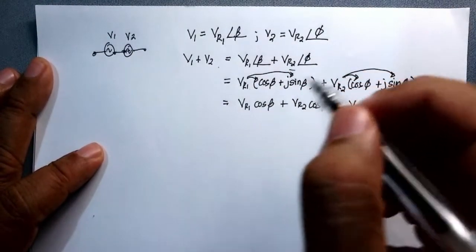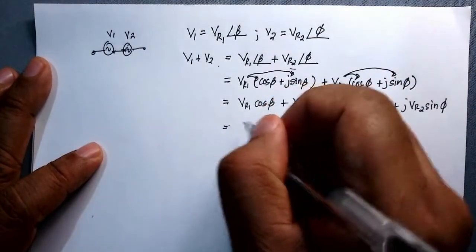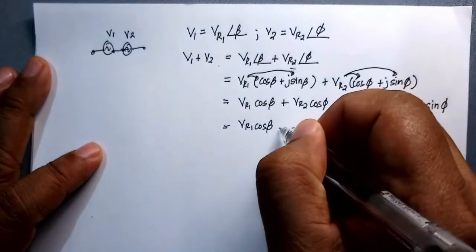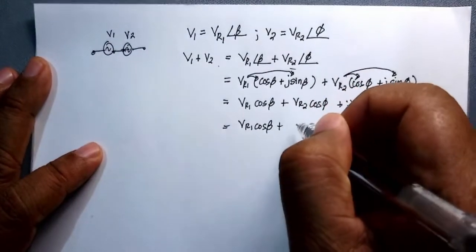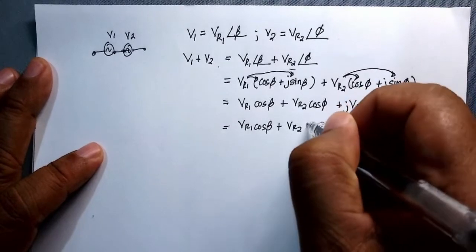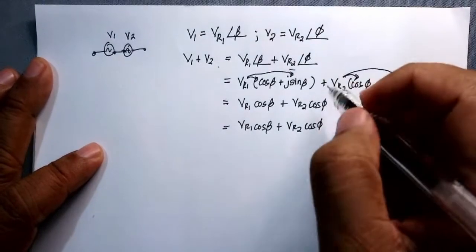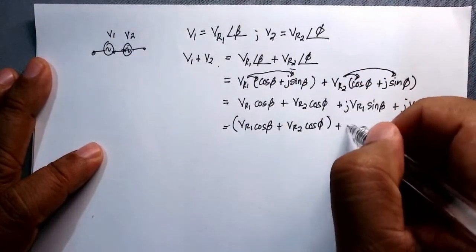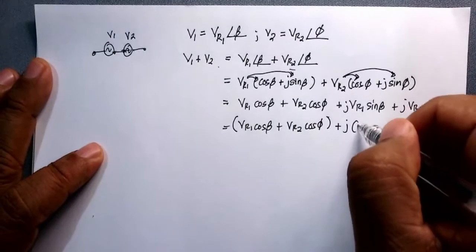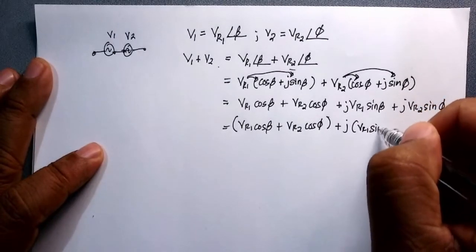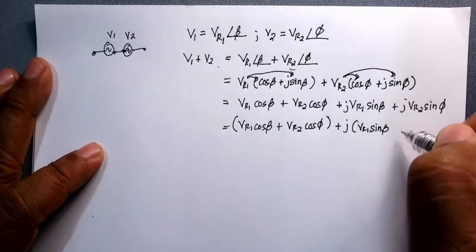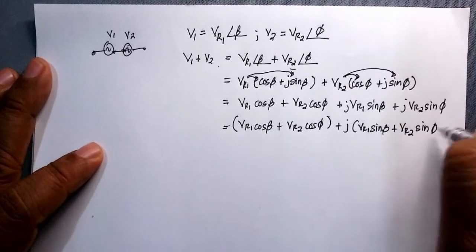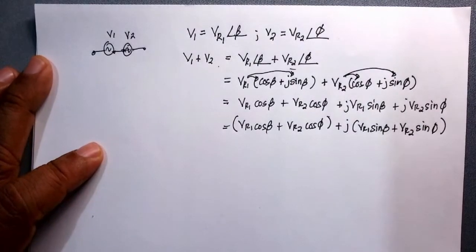Again, we rewrite this: BR1 cosine beta plus BR2 cosine phi. This is the part where there is no J, that is the real part, and the part that has J is BR1 sine beta plus BR2 sine phi. So that's it.